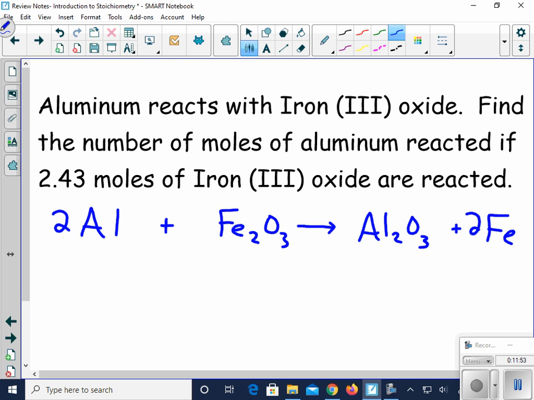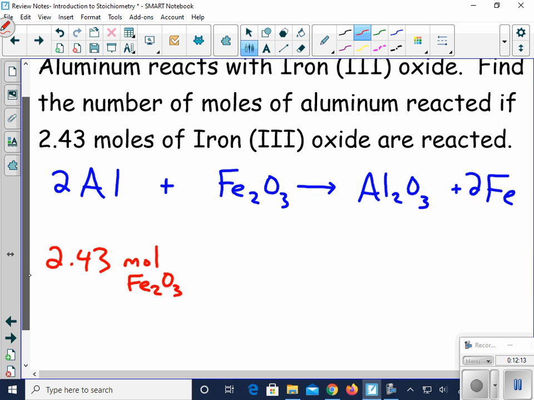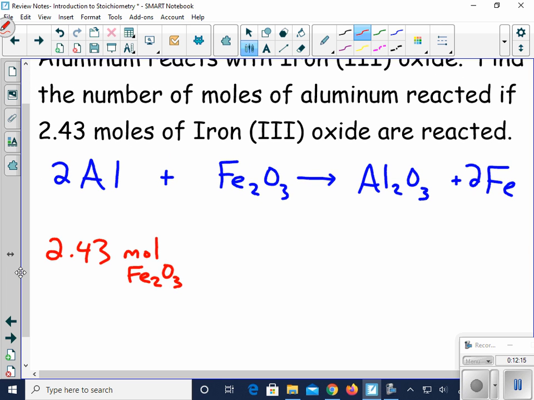Now I can get into my problem. And it states, find the number of moles of aluminum reacted if I have 2.43 moles of iron 3 oxide.